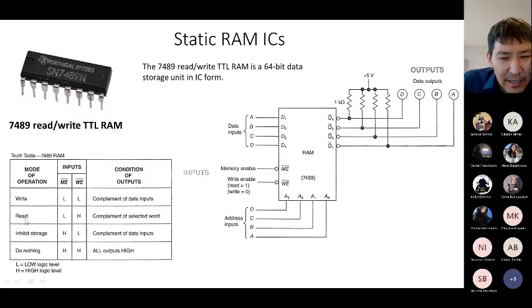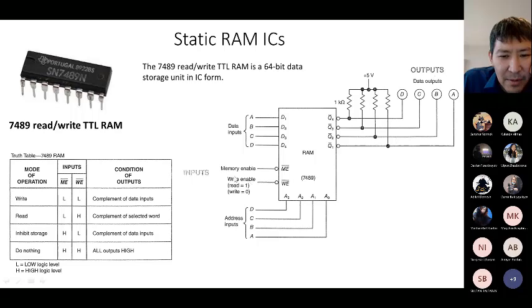Next, let's consider that you don't need to write. You want to read some information. In this case, you need to apply high to the write enable, and you give some address. When you apply high here, it means the data inputs will not be transferred, so it doesn't matter what is here.